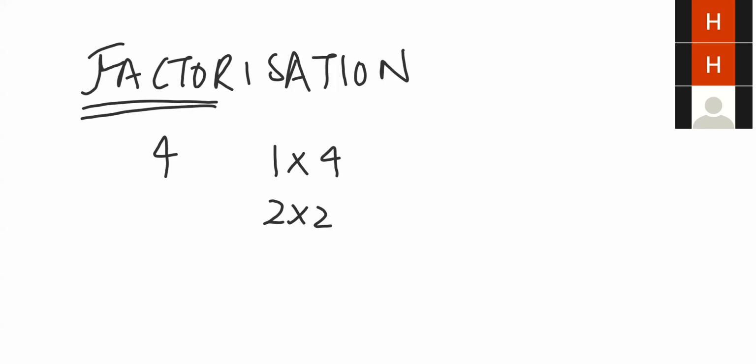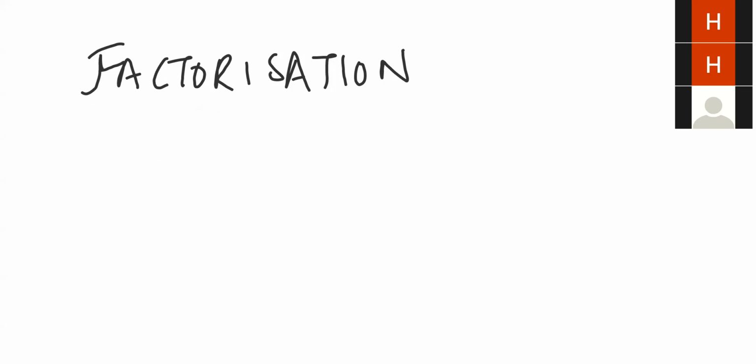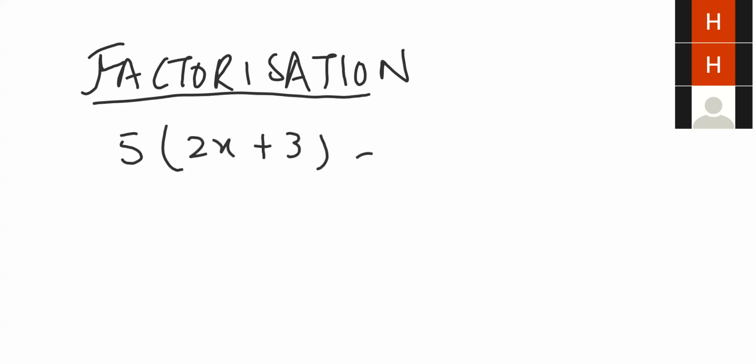So now coming to the term factorization. Factorization is the opposite of expansion. Since we remove the brackets in expansion, we add the brackets in factorization. So if we had an expansion question that was 5 multiplied with 2x plus 3, it would give us 5 into 2x, 10x plus 15.